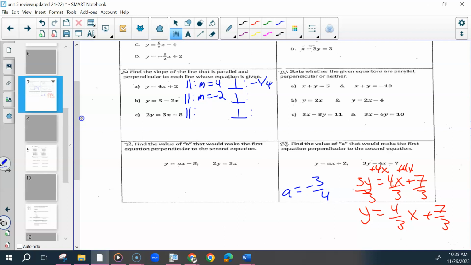What would the slope that's perpendicular be? +1/2. For C, we have to solve, divide everything by 2. What would the slope that's parallel be? 3/2. And the slope that is perpendicular?